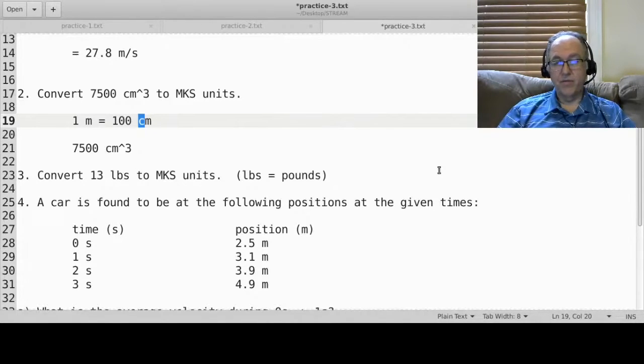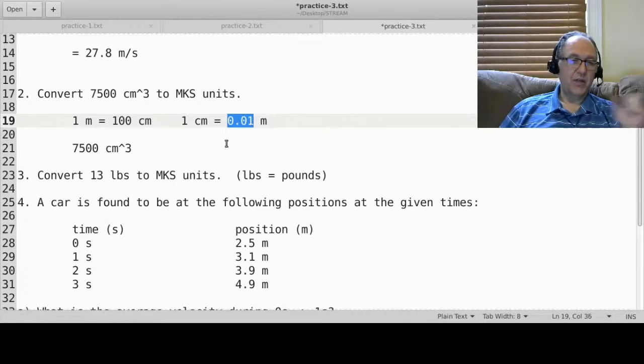So a centimeter is 100th of a meter, and so 1 meter is equal to 100 centimeters. You could also use the other one, like 1 centimeter is equal to 0.01 meters, and both of them would work perfectly fine. But I like expressing the larger unit in terms of the smaller unit rather than the smaller unit in terms of the larger unit, just to avoid these fractions here like that.